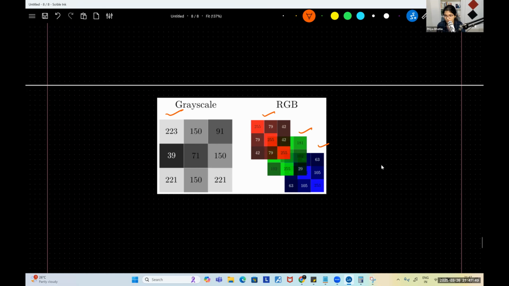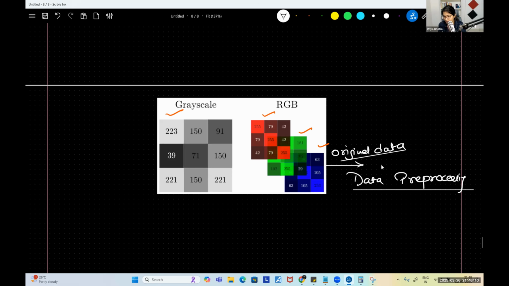That is why usually when you are working in the companies also, and let's say you are getting the RGB image as the original data, you will see in few of the cases, people in a data pre-processing step convert the RGB image to grayscale image.